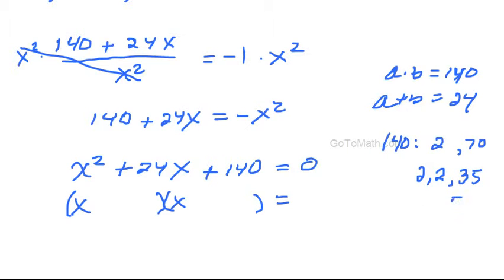Okay, well, let's break it down some more. We got 5 times 7. 2 times 2 times 5 times 7 should give us 140. 5 times 7 is 35. 2 times 2 is 4. Oh, no, that's 27.